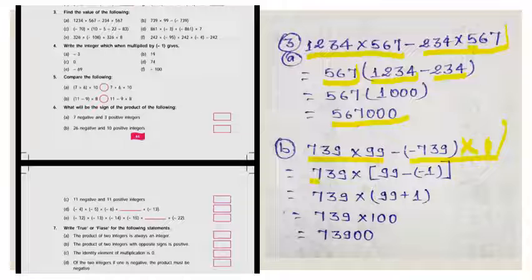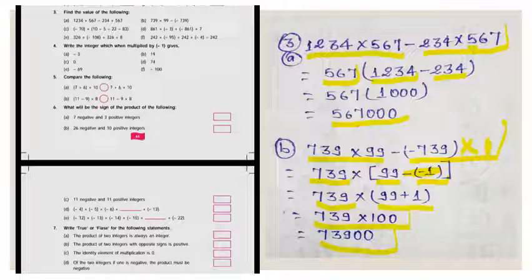Like 739 as a common factor, 99 from the first term and minus 1 from the second term, equals 739 multiplied by 99 minus negative 1, means positive 1. So 739 multiplied by 100 is equal to the required answer. Similarly, you can solve all the questions.